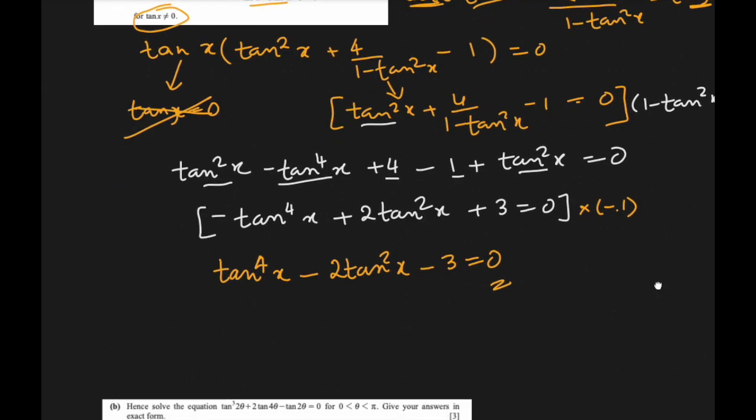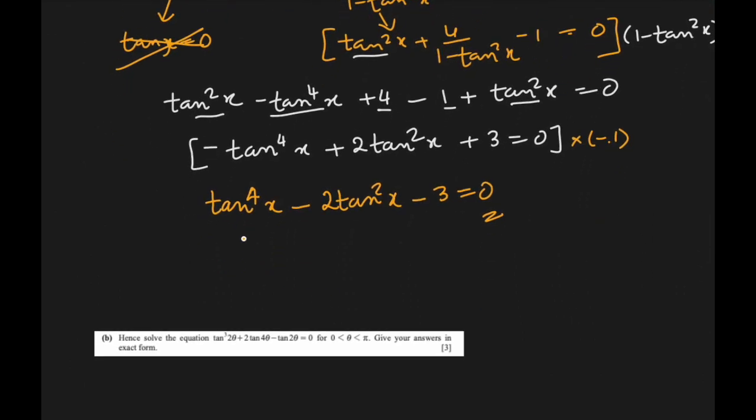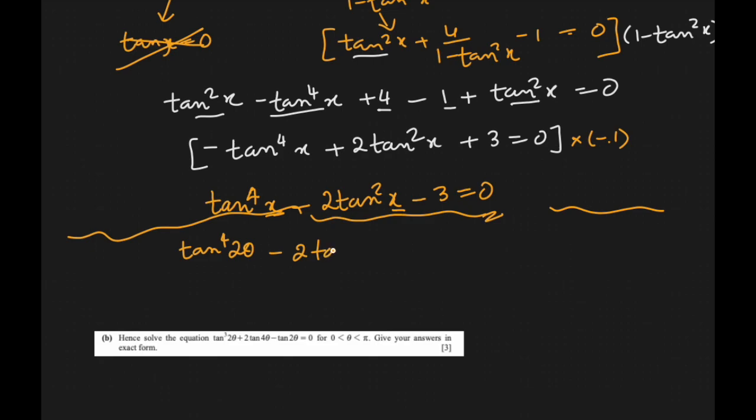So I will substitute this x by 2 theta, and it will be the same thing as this. So let's do it. My new equation for part B becomes tan to the power 4 of 2 theta minus 2 tan square 2 theta minus 3 is equal to 0.